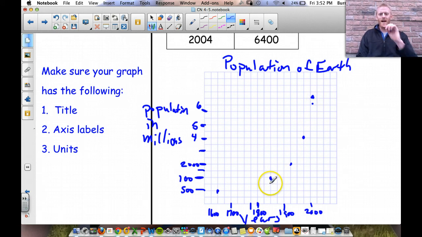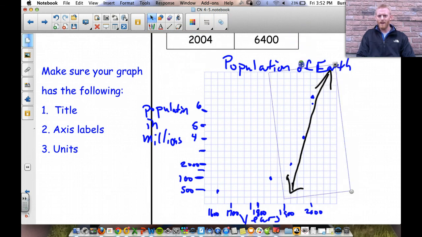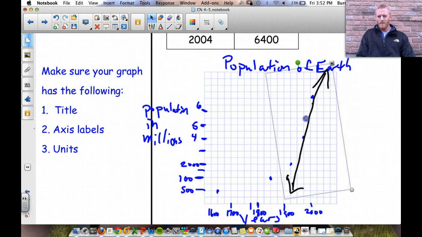Now, if I were to have a line of best fit, what I'm trying to do is come up with a line that's kind of in the middle. You can see that the line's slowly getting steeper. If I were to have a trend line, my trend's going to be going upward. It's increasing at a very rapid rate. I even want to make that more exaggerated. Let's see if we can tilt this. Oh yeah, that's better.